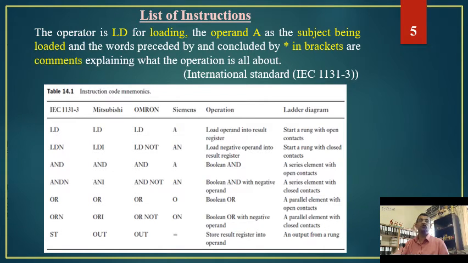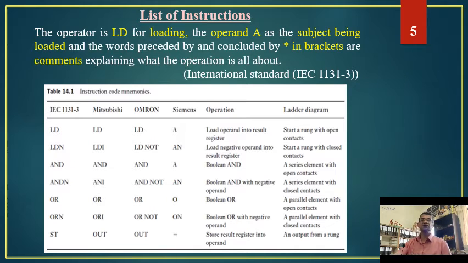If there is no prefix mentioned, it is normally open. If I is mentioned, then it is normally closed. If you are connecting something in series, then the Boolean AND is used. If an element is connected in parallel, then OR is used.